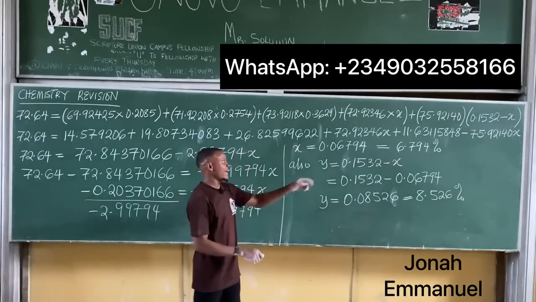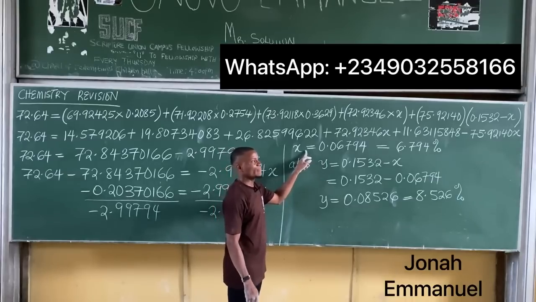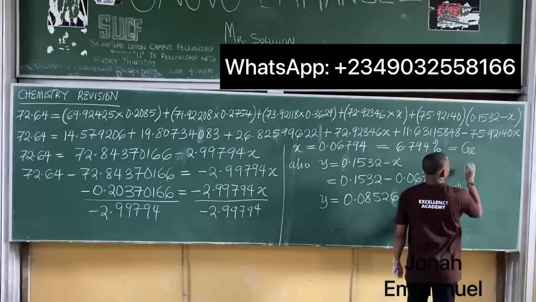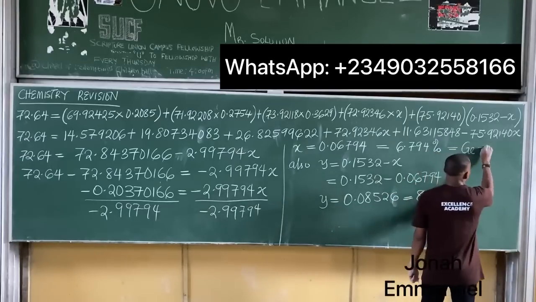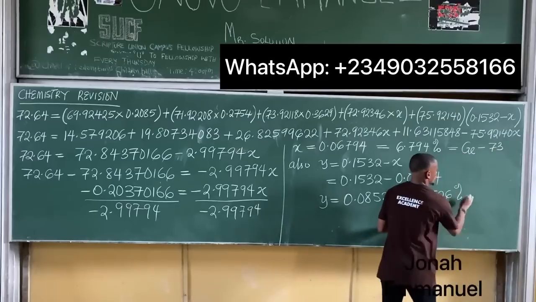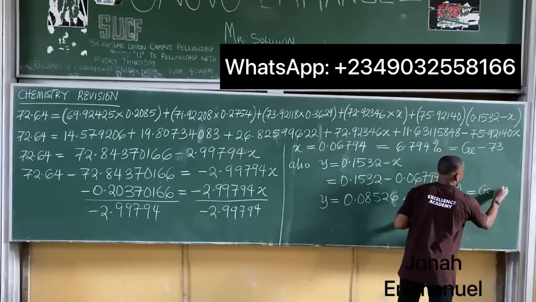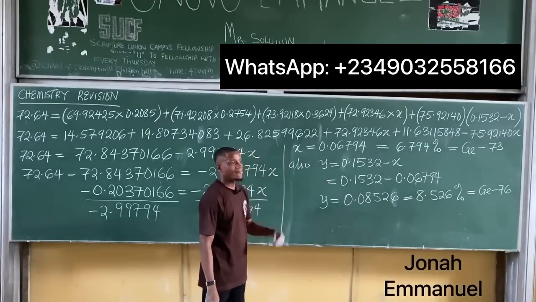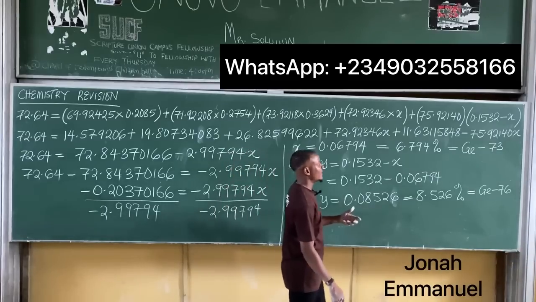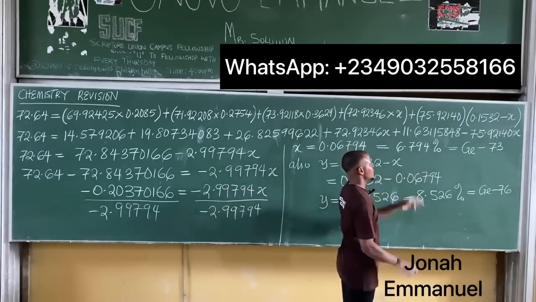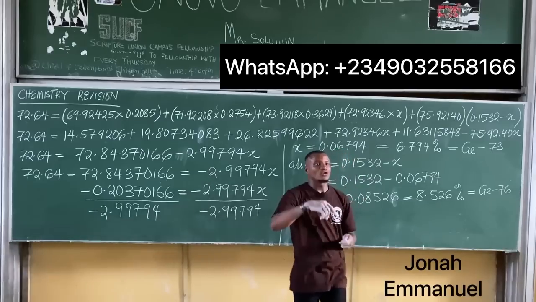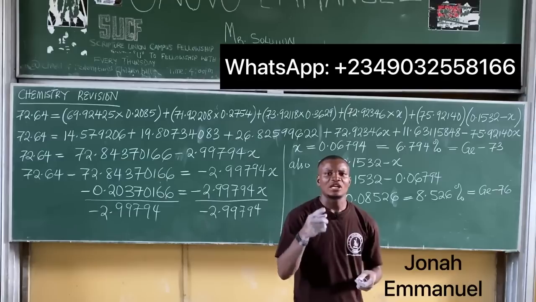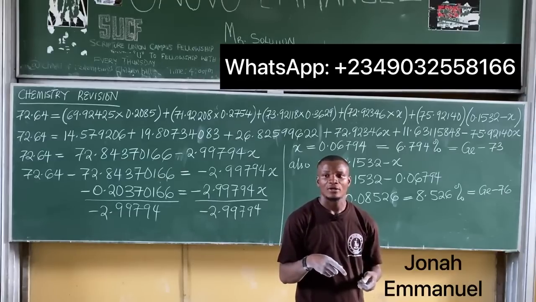Now remember that we said x was what there? The percentage abundance of what there? Germanium what? Germanium 73. And this one was for germanium 76. So therefore the percentage abundance of germanium 73 is 6 point. Please check in the question they gave to you. They gave you percentage abundance in how many dp? 2 or 3? 2.